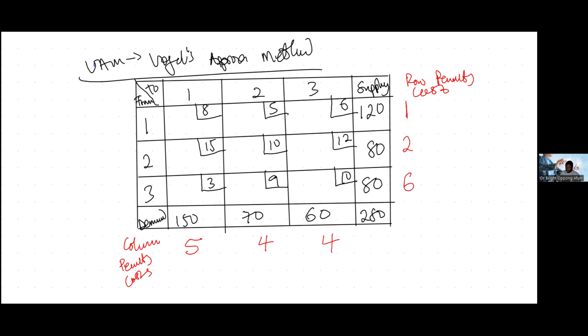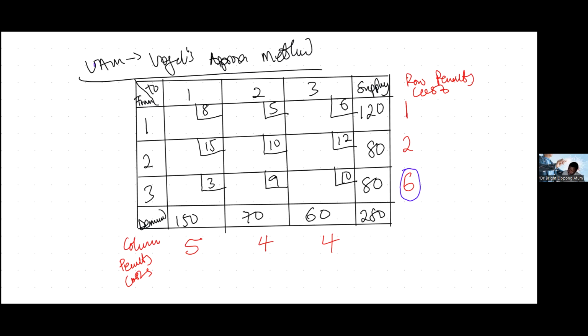All right. So what you do here is that we identify the largest penalty cost, right? And the largest penalty cost here is 6. So that means that we have to find the cell. So what that means is that we have to allocate in that cell as much as we can.